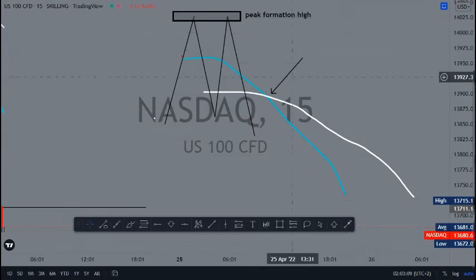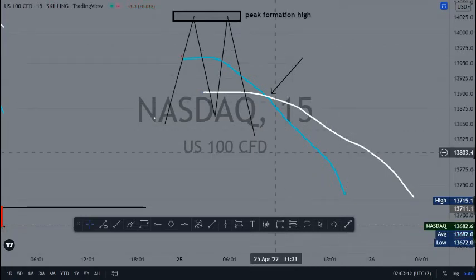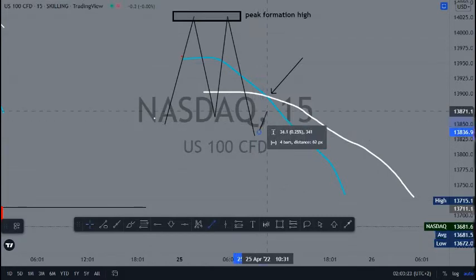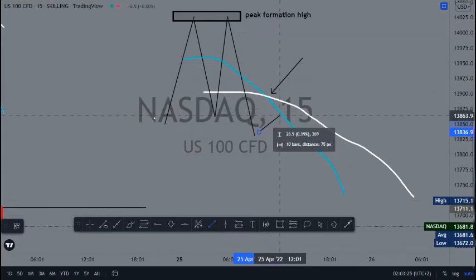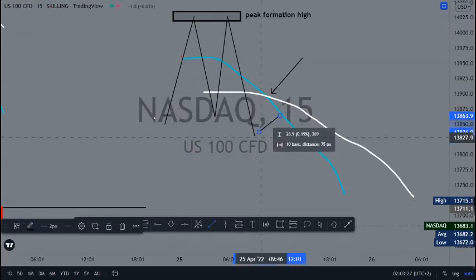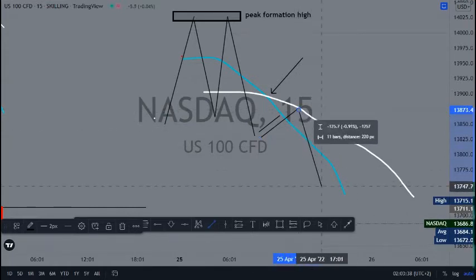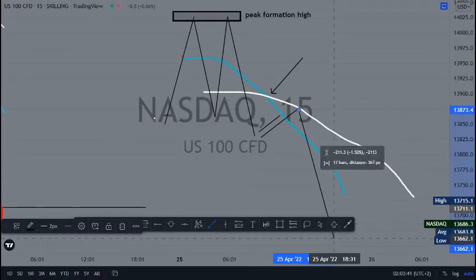When I get these two crosses after the peak has been confirmed, I am going to wait for the market to move back to this moving average, which is the 50 moving average. The market can go to this moving average, or the market can go to the 200 moving average, and from there on we are going to get a drop back into the range.